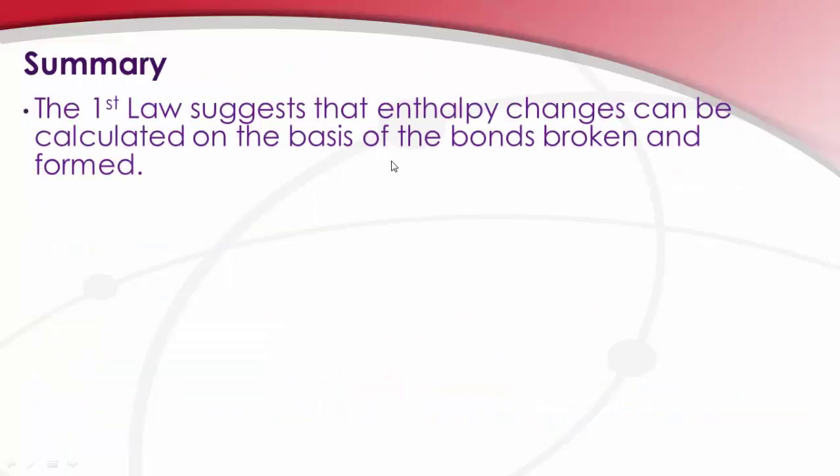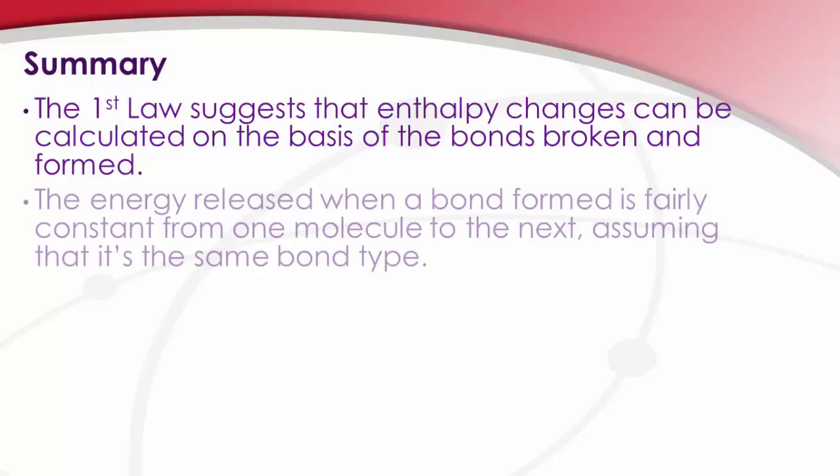Okay, so to summarize our concepts here, the first law of thermodynamics implies that enthalpy changes can be calculated on the basis of bonds broken and bonds formed. The energy released when a bond is formed is fairly constant from one molecule to the next, assuming it's the same bond type and there isn't something special about that compound, like there is with cyclopropane.